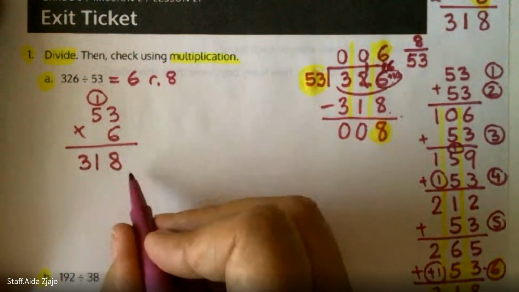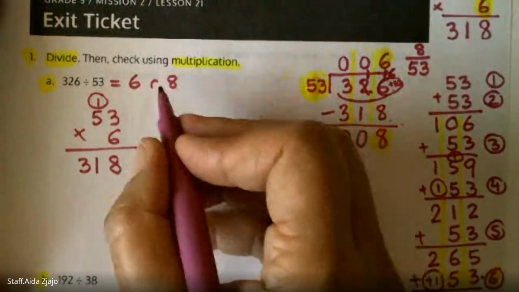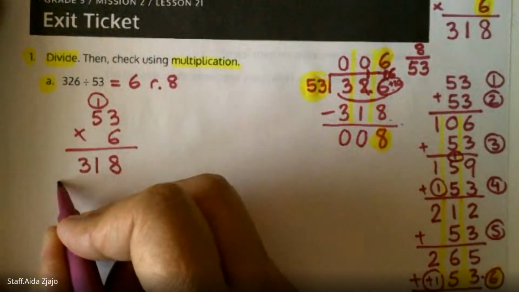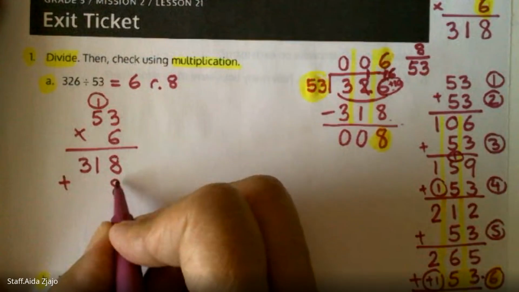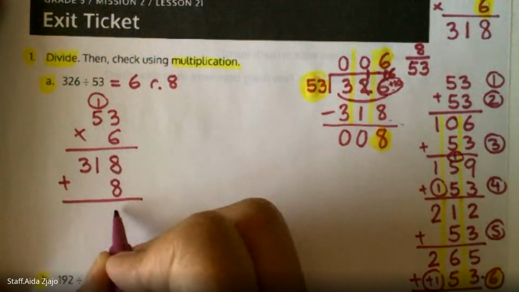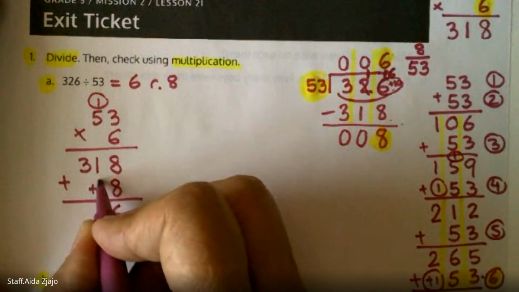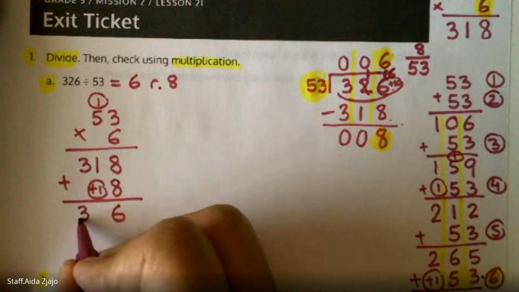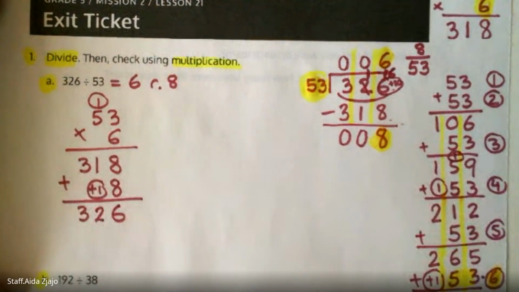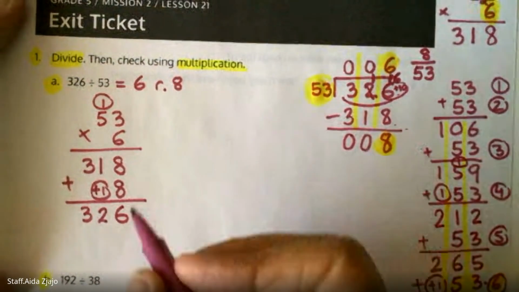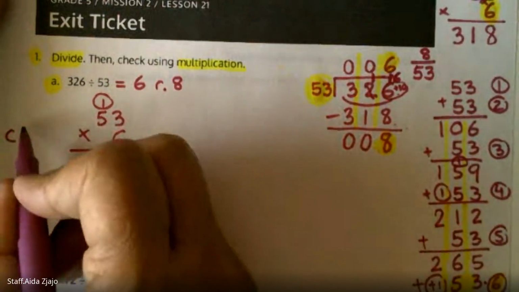So that is 318. But you need to add the remainder, plus 8. And now you got yourself the exact number, which is 326. So this is the check.